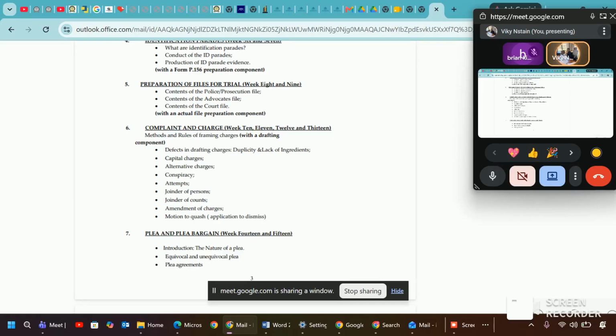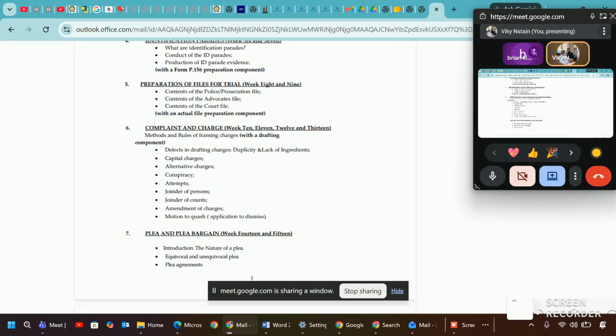For that part I'll skip, because we must have an actual file preparation component of it, because I want us to jump to week 10, 11, 12 and 13 where we have the complaint and charge, a situation that usually confuses students.